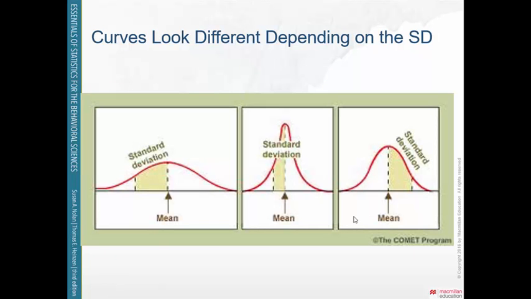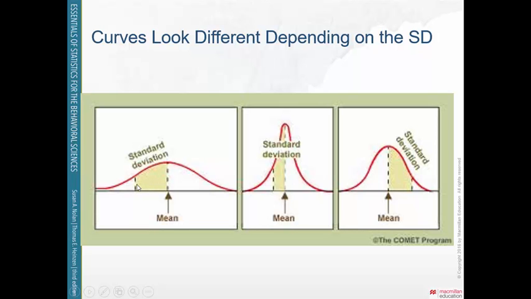Also, to recap again, we talked about shapes of distributions, and the distribution shape depends a lot on the standard deviation. In this first graph here, we have a large standard deviation. The mean is right here in the middle. A large standard deviation means lots of variability, that the data is very spread out.